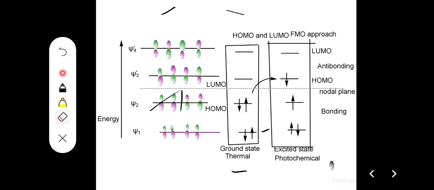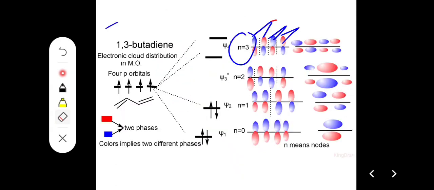Now consider the example of 1,3-butadiene in the slide: there are 4 electrons and 4 p orbitals. In the energy diagram, the wave functions are shown as psi 1, psi 2, psi 3 star and psi 4 star. The first two are bonding molecular orbitals, so the 4 electrons go into the bonding molecular orbitals.